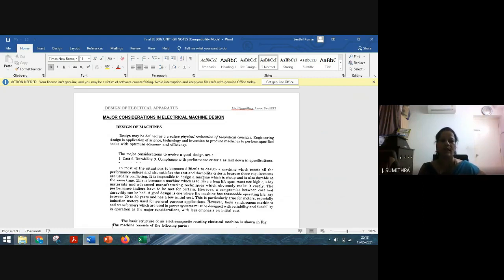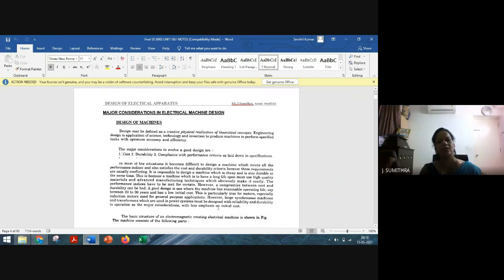So we need to provide a balance between all three factors such that the machine balances them to a reasonable extent. A compromise must be made between the cost and the durability so that both the customers as well as the design people get satisfied with the design of a particular machine.